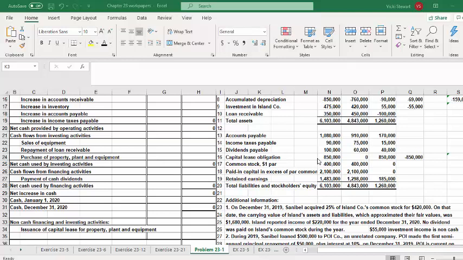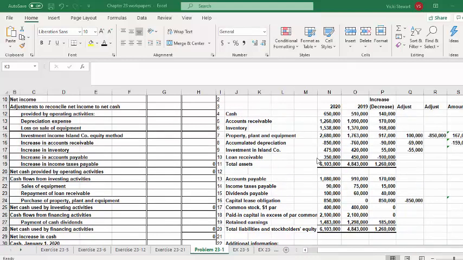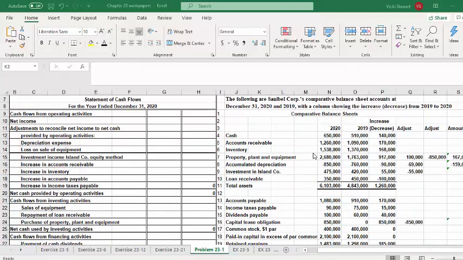So we have the information that we need to be able to do the statement of cash flows. We've made the appropriate adjustments to our accounts so that we should be able to complete the statement of cash flows with the information we have. We'll start out with net income that we were given in the problem of $285,000. We have the correct amount of depreciation expense now that was included in the income statement, which was $159,000.